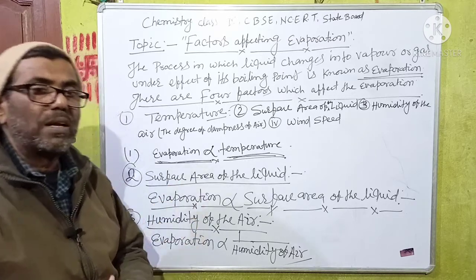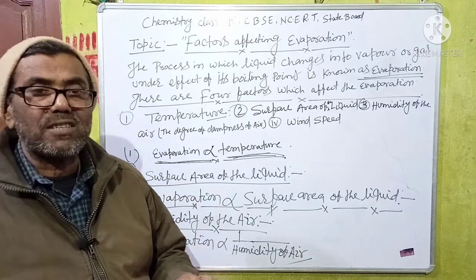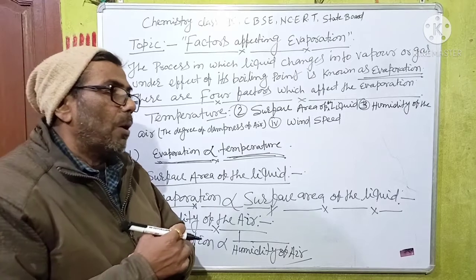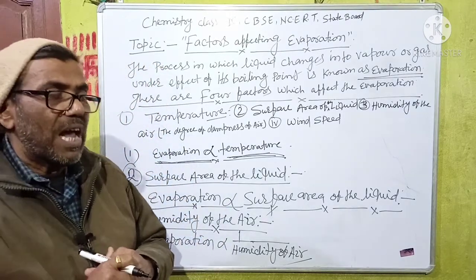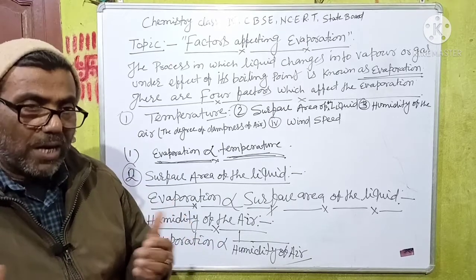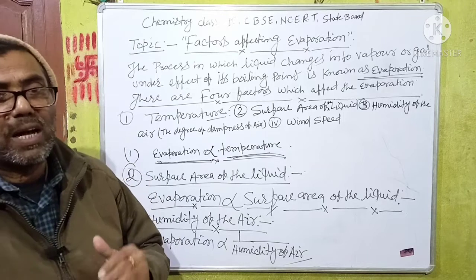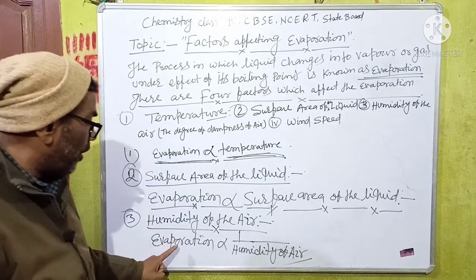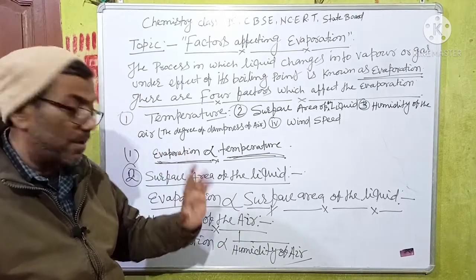For example, in the summer season, the humidity in the air is very small, so clothes which have more water in them have more evaporation due to the high temperature in the air. So evaporation is inversely proportional to the humidity of air.